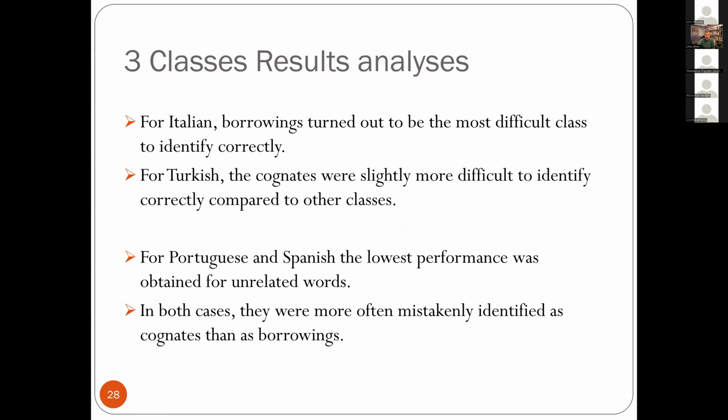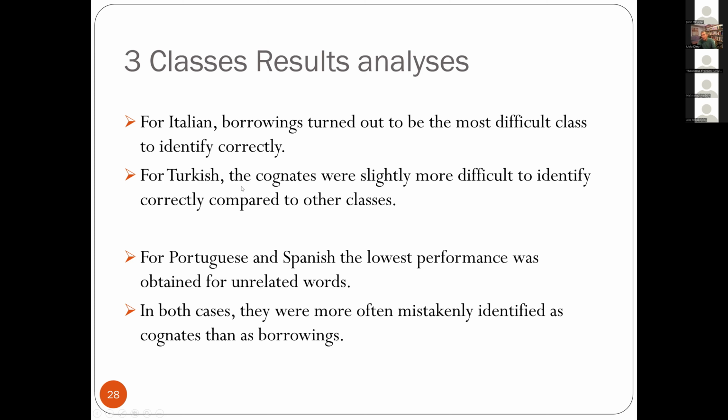If we are looking at the error analysis, we can see that, for example, for Portuguese and Spanish, the lowest performance was obtained for unrelated words. When there is no relation between words, in both cases, our algorithm mistakenly identified them more often as cognates than borrowing.